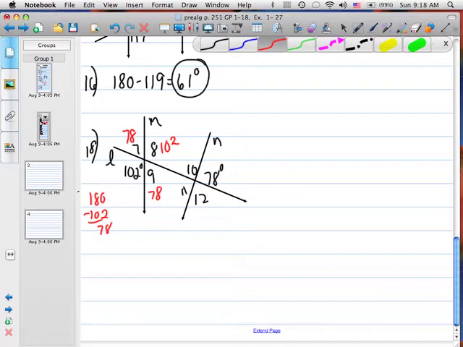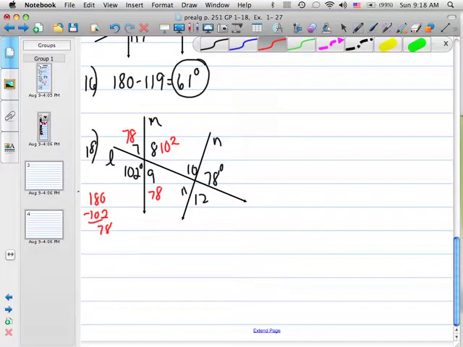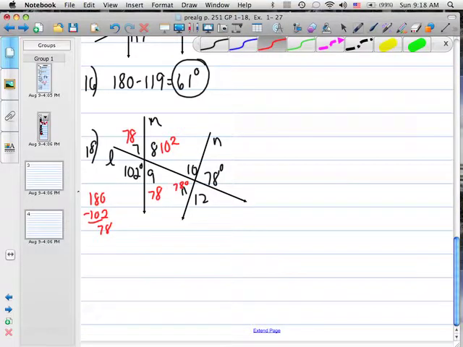Here we have 78 degrees, so this one also has to be, angle 11 is vertical, so 78, and we already did, these two make 180, so we just need to put 102 here because we already subtracted that earlier, and this is 102 because it's across from 10.